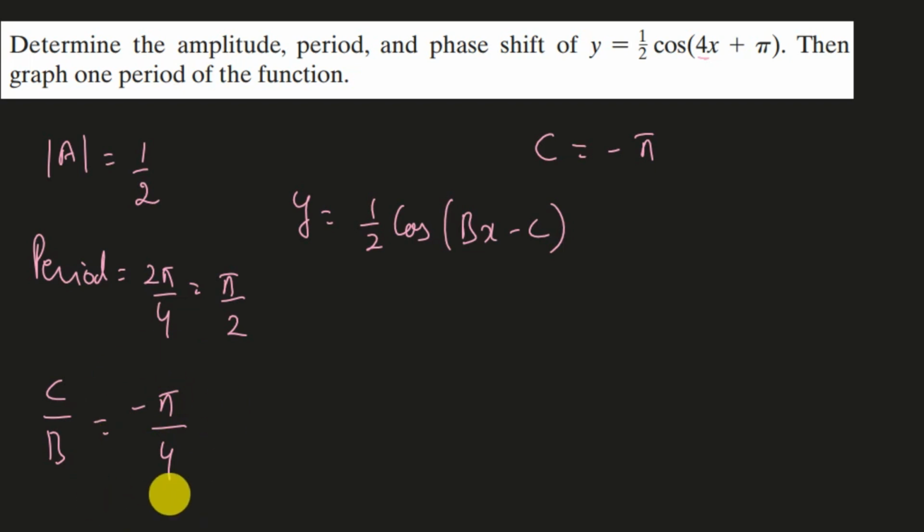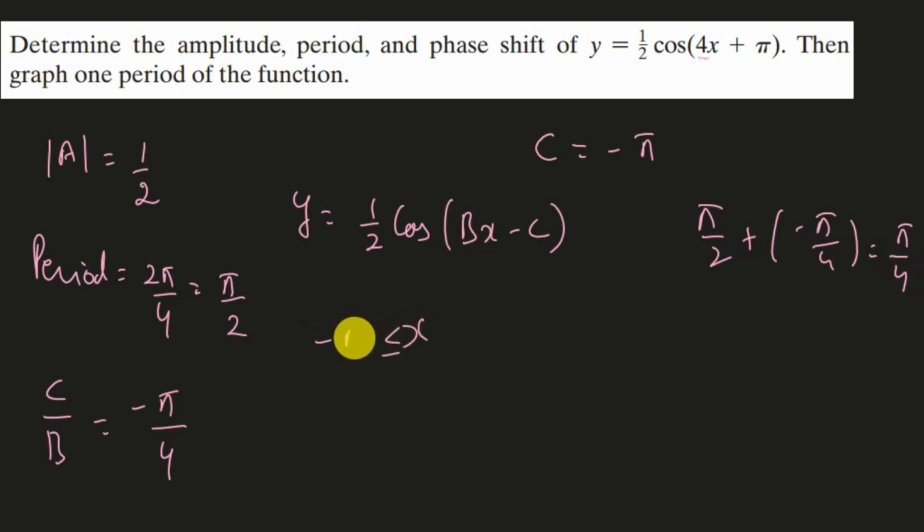Therefore the graph will start from minus pi by 4 and the period is pi by 2, so pi by 2 plus minus pi by 4 would be equal to pi by 4. Therefore x would be from minus pi by 4 to pi by 4.